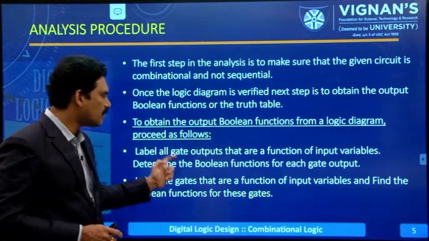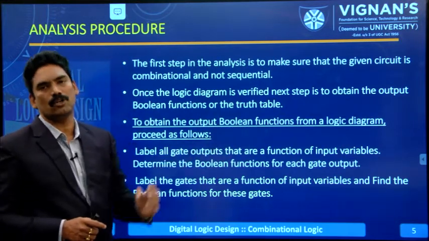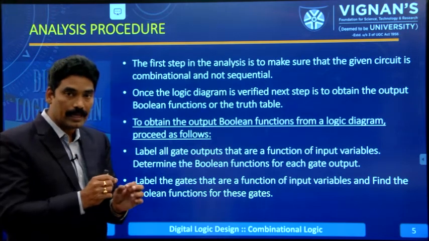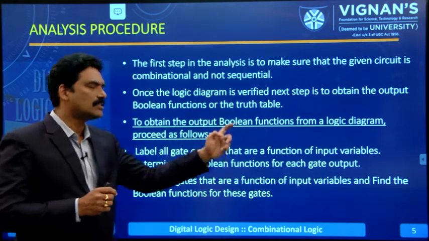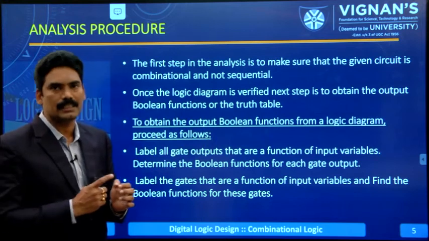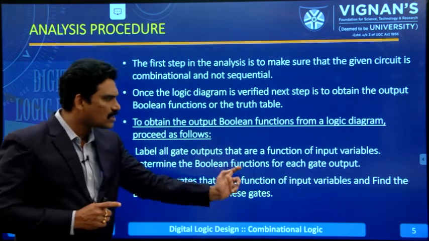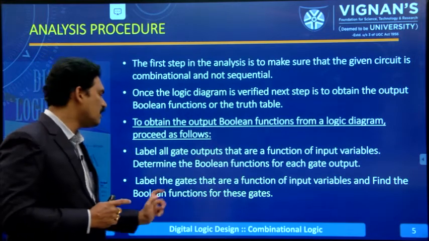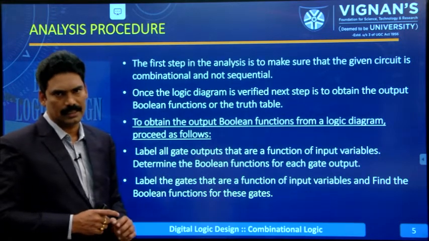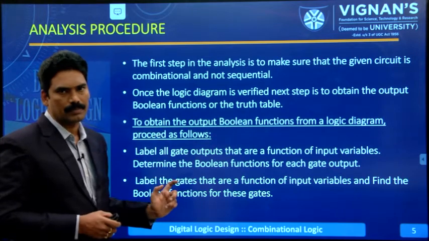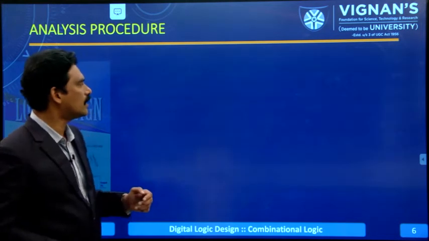For every gate, we have to identify the outputs, and determine the Boolean function for each gate output. The second step is to label the gates that are a function of input variables and find the Boolean functions for these gates. We will discuss this in detail.